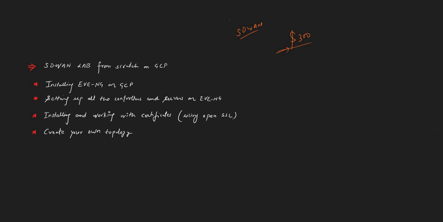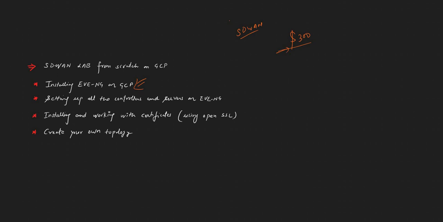So here is the agenda. The first thing we are going to do is install the EVNG machine on Google Cloud Platform. The second thing is, once we have our EVNG machine up and running, we are going to install the different images into it. The process is really simple.